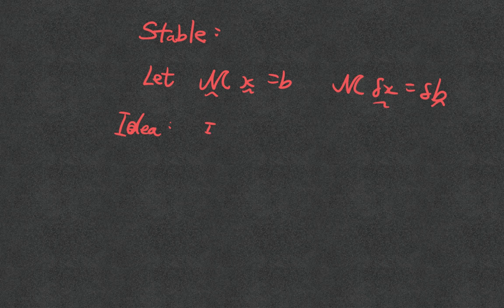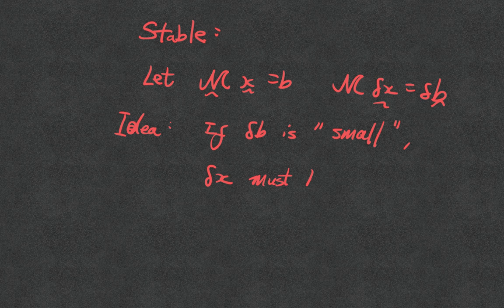I want to say that if my perturbation in the forcing function is somehow small, remember that it's not formal language, it's just to explain the idea, then I want this one to also be small. Does that make sense?